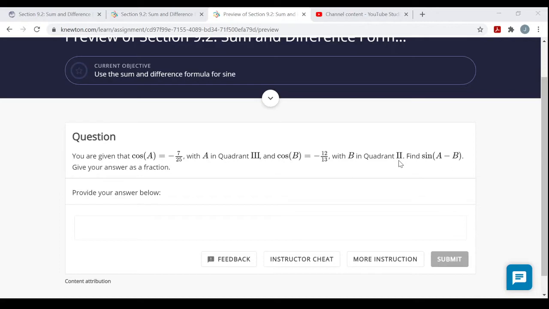And what we're asked to find is the sine of angle A minus angle B. So if we were to take these two angles, A from quadrant 3 and B from quadrant 2, and subtract them to get a new angle, called A minus B, what would be the sine of that new angle?